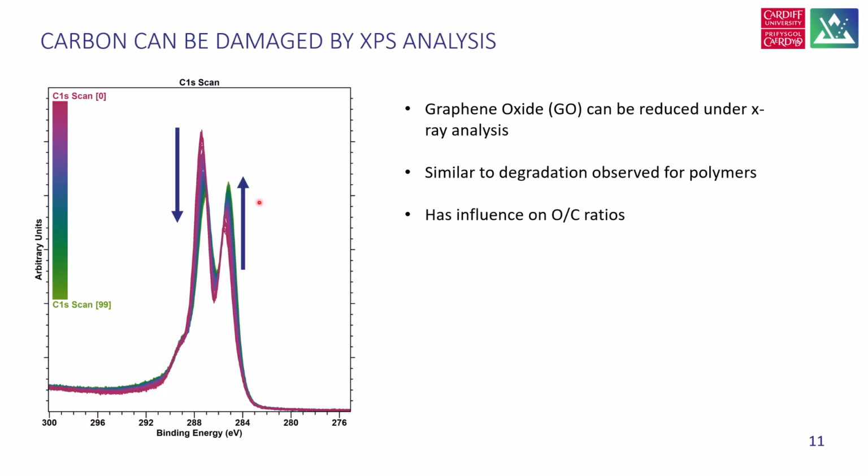But this will also have an effect on the oxygen to carbon ratio when we look at these materials, which may be important to us if we've taken a graphitic oxide or a graphitic carbon and oxidized or done some treatment to try and introduce more function, change a function, or whatever.